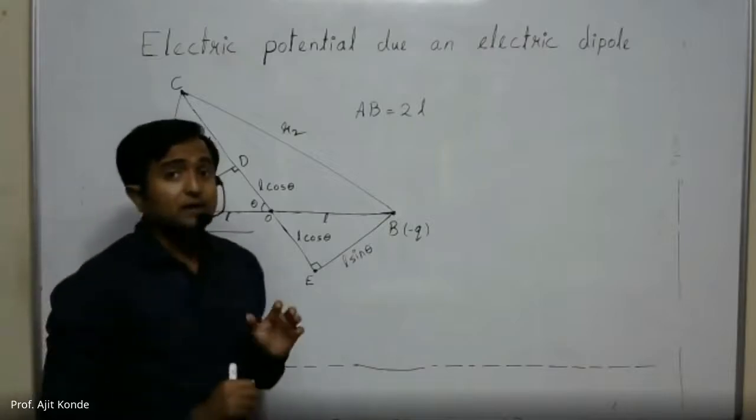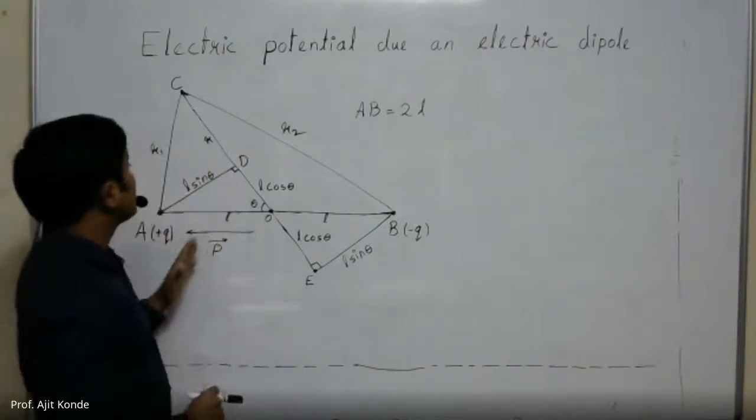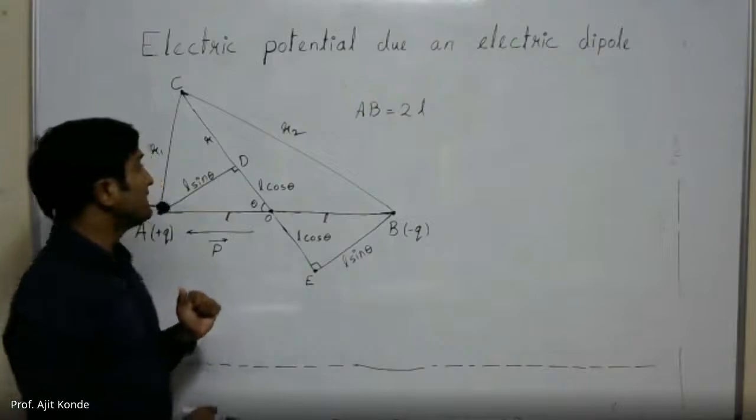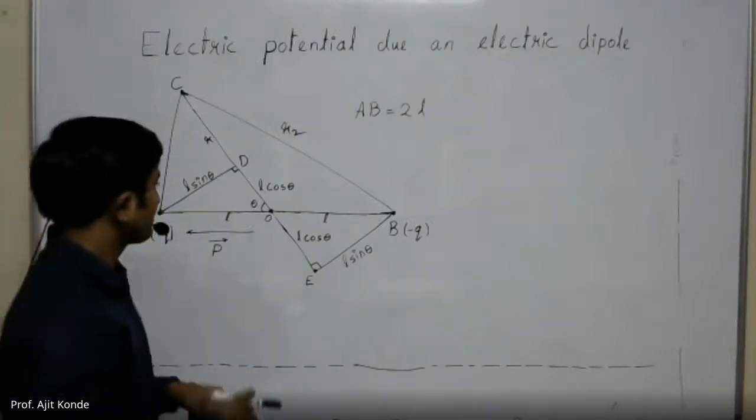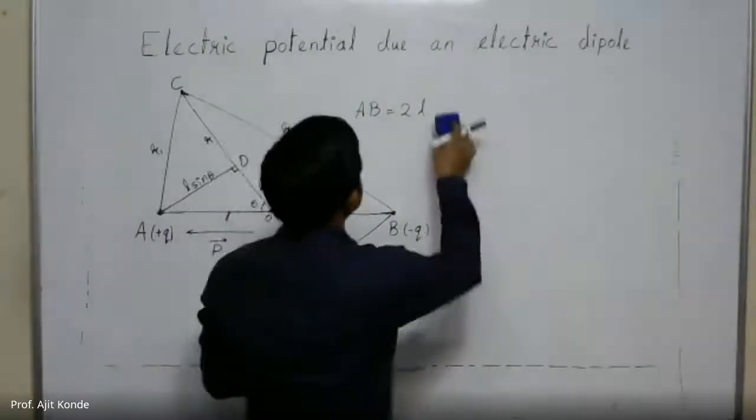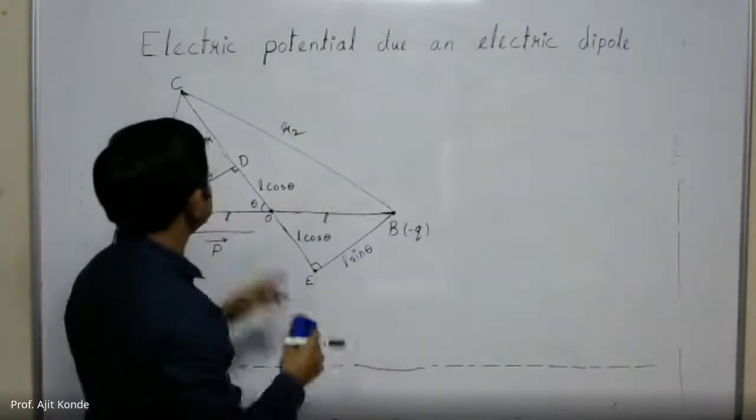Now, we have derived components over here. I will explain you one. Suppose we have this triangle like this.